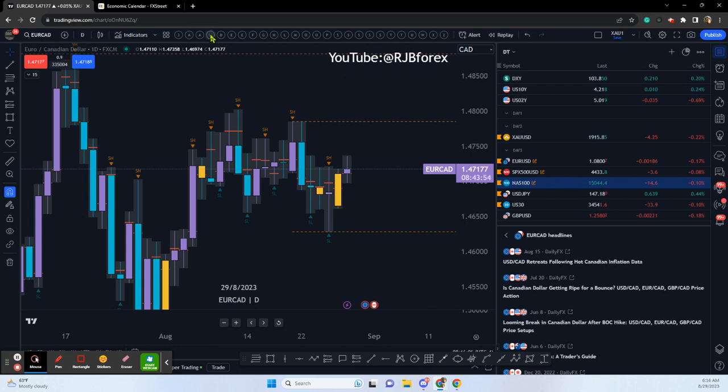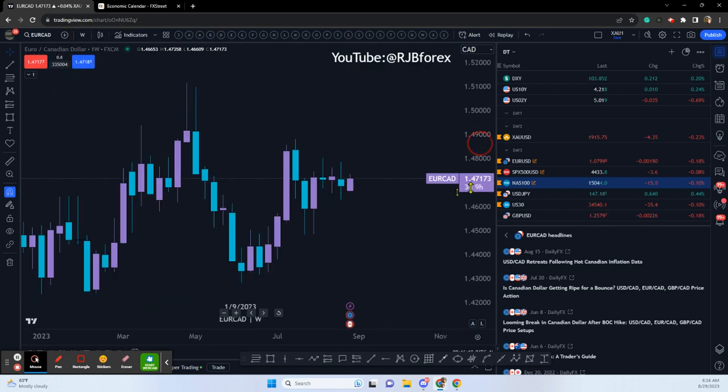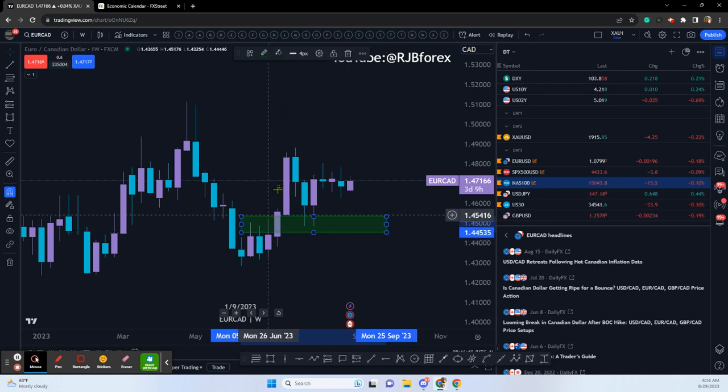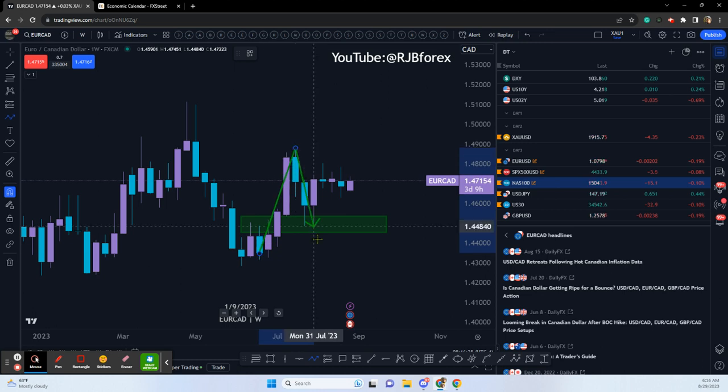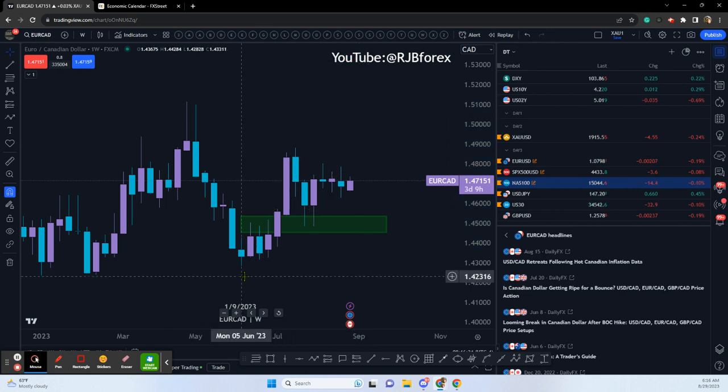Let's go to a plain chart and come out to the weekly. It's all very choppy. So we've got support in that harmonic formation down here. Come up, corrected, potential continuation to the upside. That's on the weekly chart.